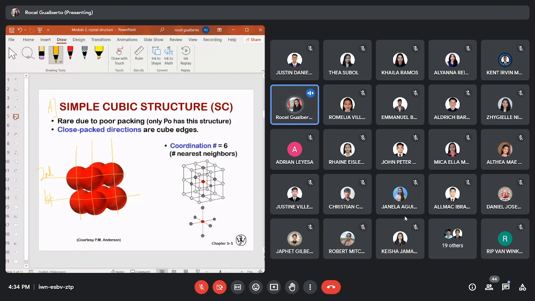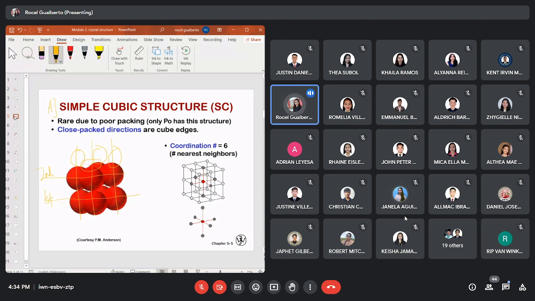So, they are aligned. Wherever the first layer's atoms are, when the second layer is added, they are directly aligned. Okay? So, that is how it is packed. That is the simple cubic structure. One over the other. If there is a third layer, it is placed here. That is our third layer. It is also stacked directly above the succeeding layer. Okay? Did you get that? Do you understand? Hello? Yes, ma'am.